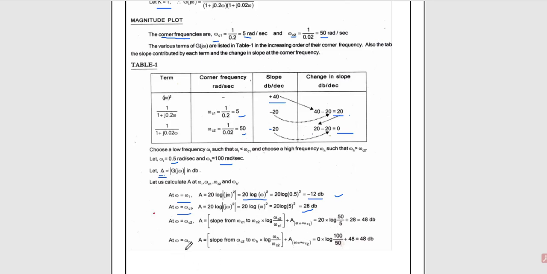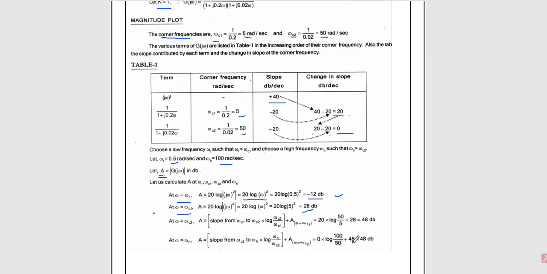And then for omega equal to omega H, omega H is 100 radians per second. If you calculate this A value with the same formula, slope from omega C2 to omega H into log of omega H by omega C2 plus the previous gain, the previous gain is 48 and the slope here is 0. So 0 into anything becomes 0 gain. So 0 into log of 100 by 50, where omega H is 100 and omega C2 is 50, plus the previous gain.